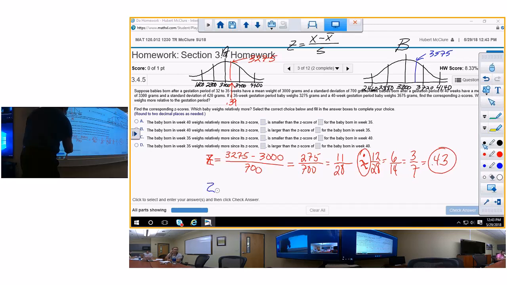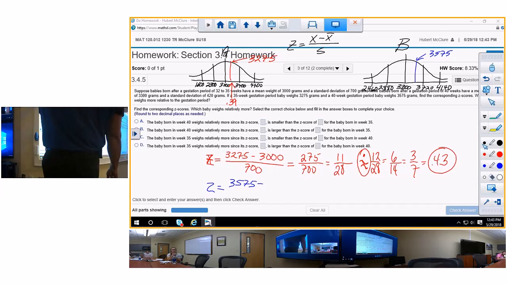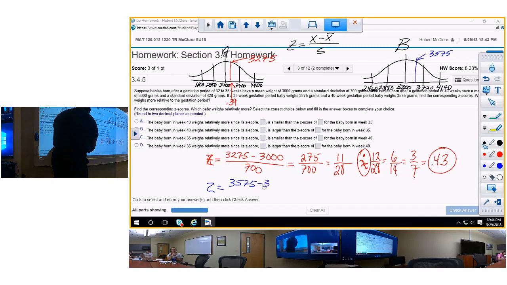Z for the blue is going to be 3,575 minus 3,300 over 420.